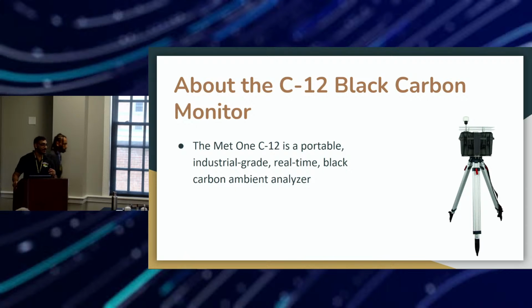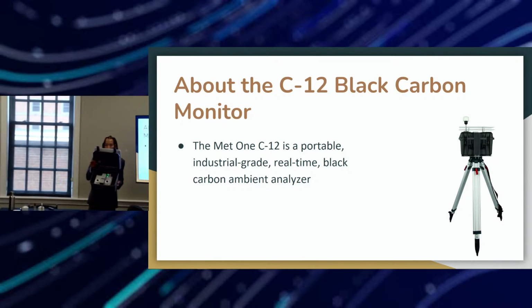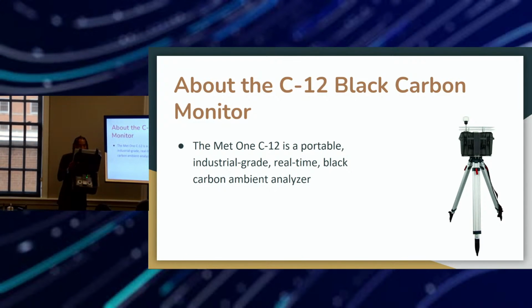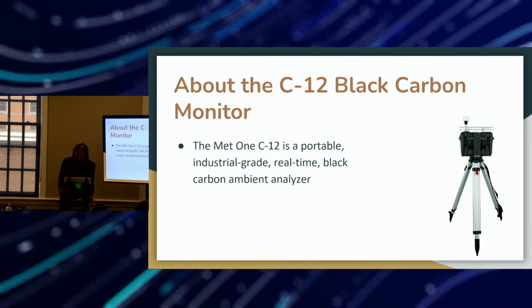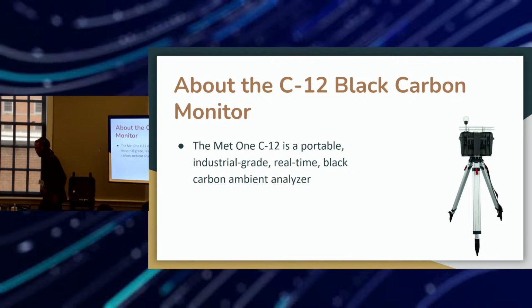It's heavier, but Clay, I don't know if you want to hold it this way, transpose it, but it is relatively portable. So all you need is a power source, and it measures black carbon. It uses a special tape, as you can see inside, a glass filter tape, which is where the black carbon deposits. And Clay, if you were to turn on the device really quickly, we can get it running. But next slide, please.